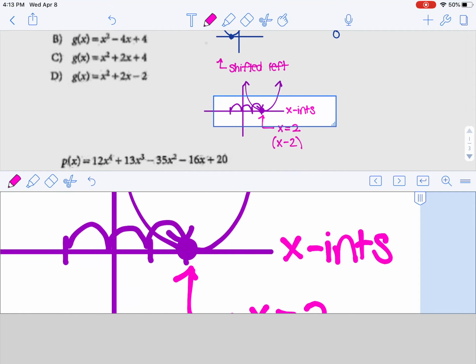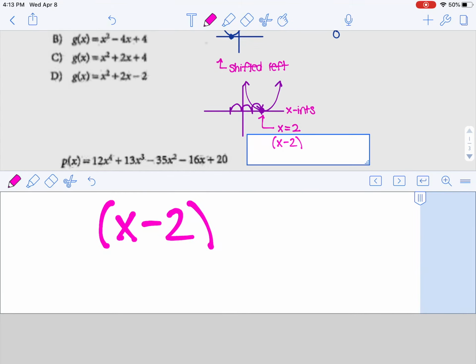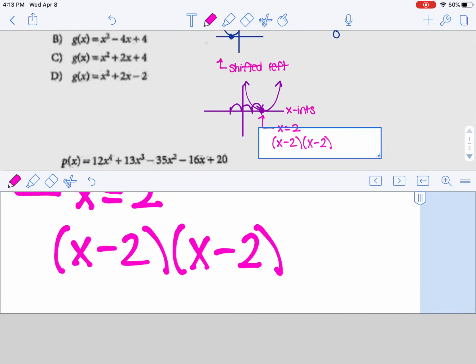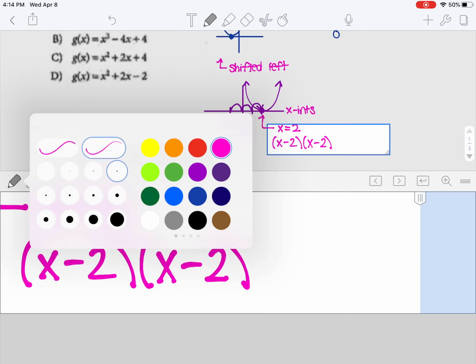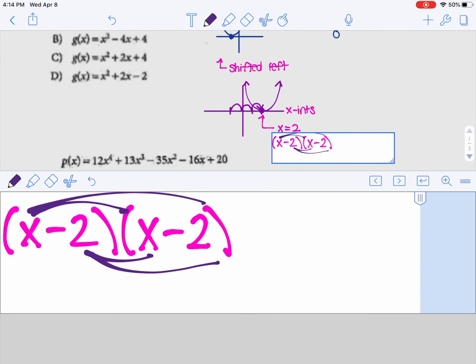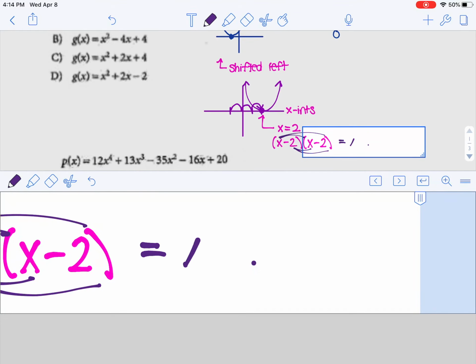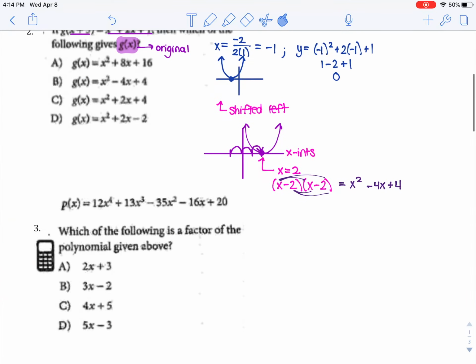Since the graph bounces at that vertex, meaning it hits the vertex and goes back up, this is x minus 2 times x minus 2. And then I would go ahead and distribute. And that would get me the original equation here. So this is x squared minus 4x plus 4, which is choice B.